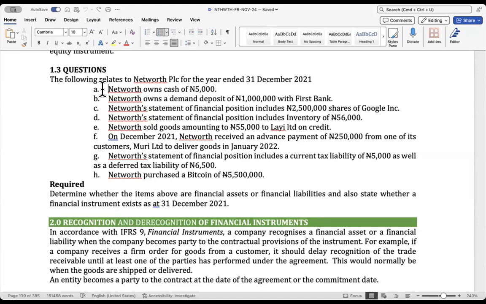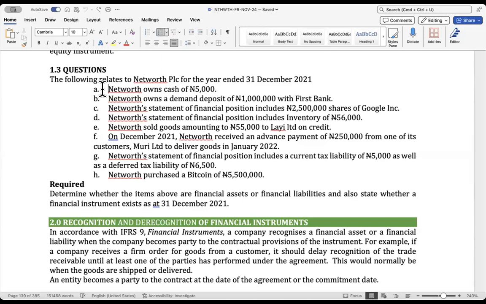So Number three. Okay, go ahead, please. It's a financial asset, and the financial instrument exists. Okay, so who has financial assets? Net worth has a financial asset.